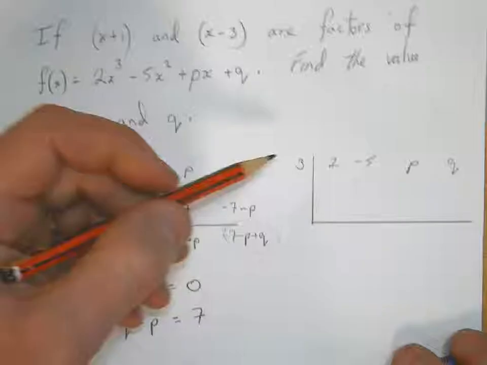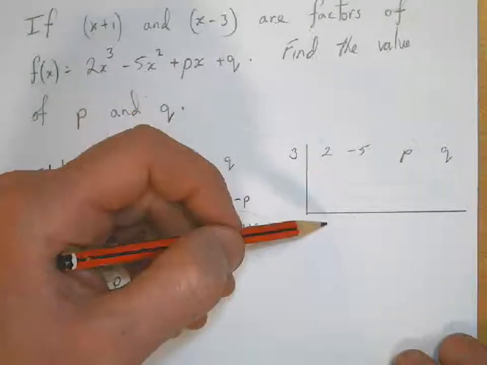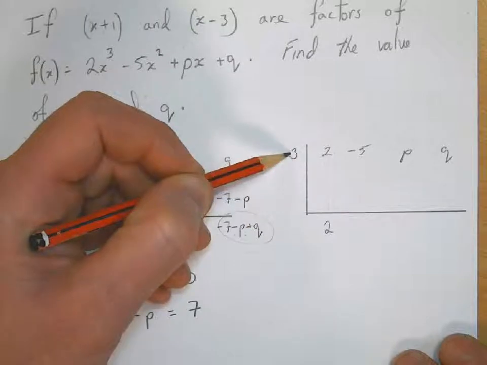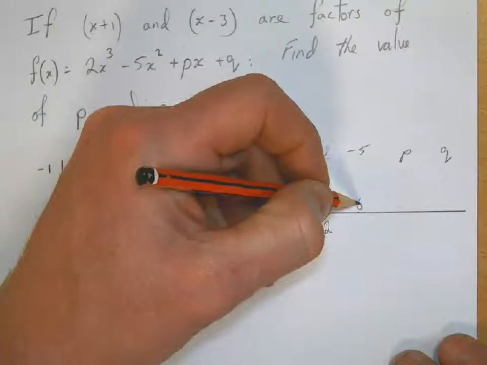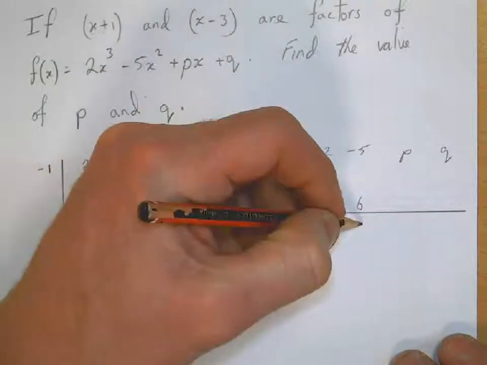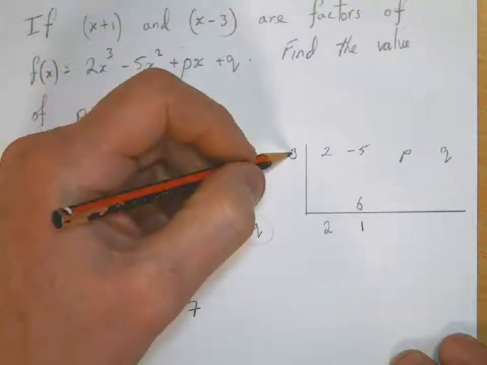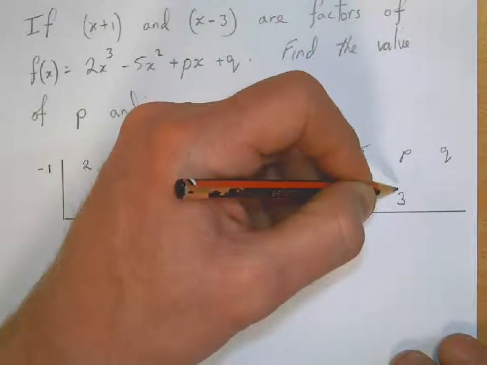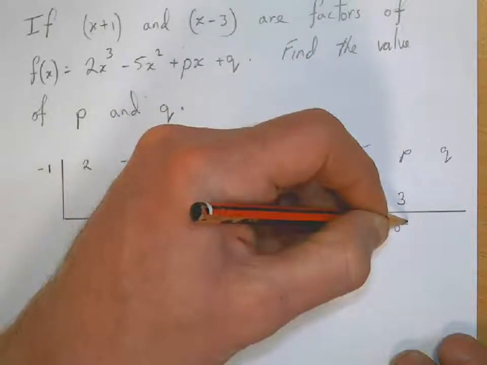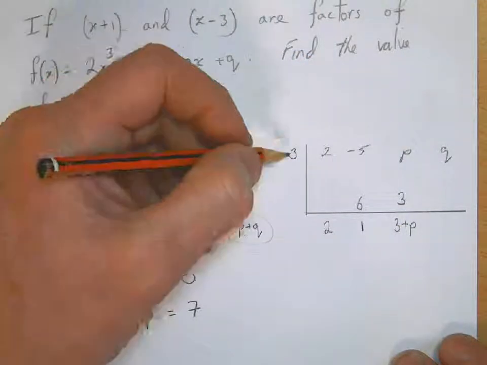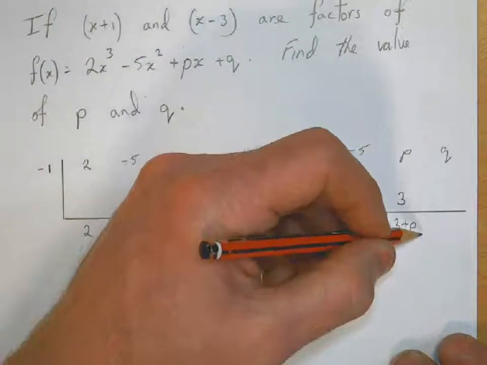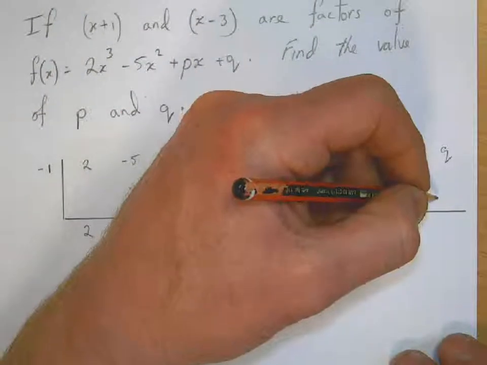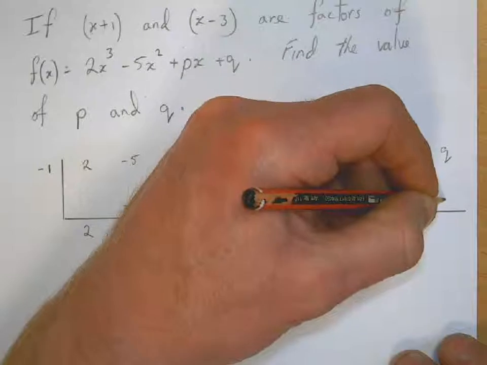First of all, when you start this off, you bring the 2 down. 2 times 3, or 3 times 2, is going to give you 6. You add these two together, and that gives you 1. 3 times 1 is 3. We add these two together, gives us 3 plus P. And then we multiply 3 times 3 plus P, and we get 9 plus 3P.